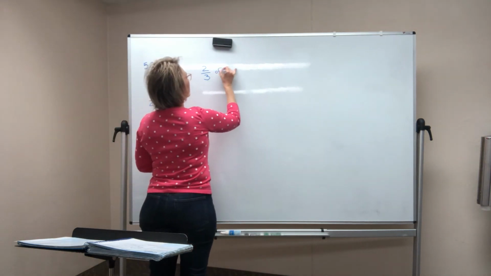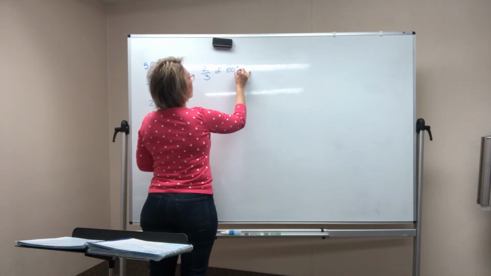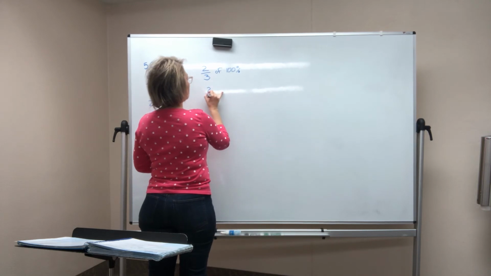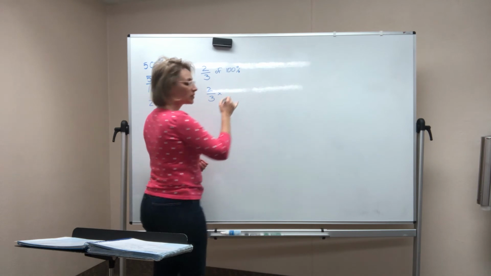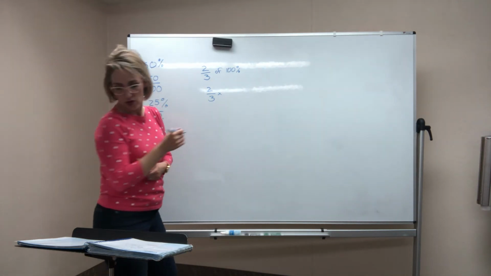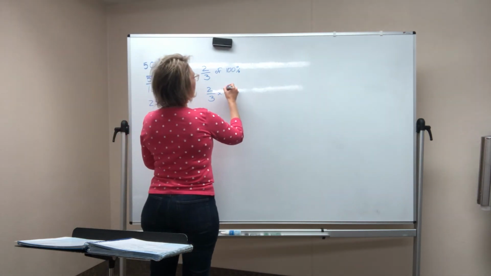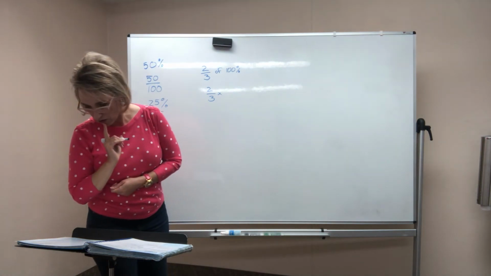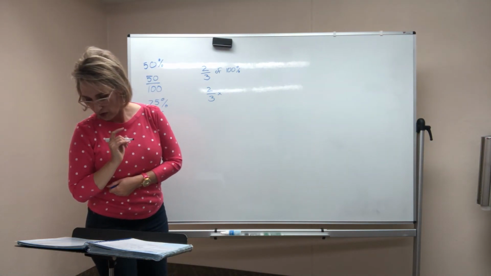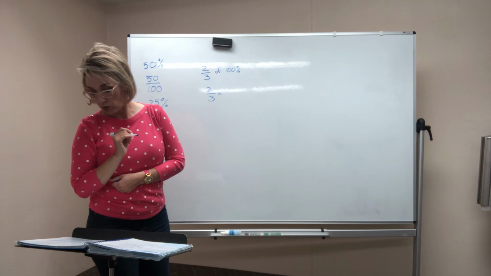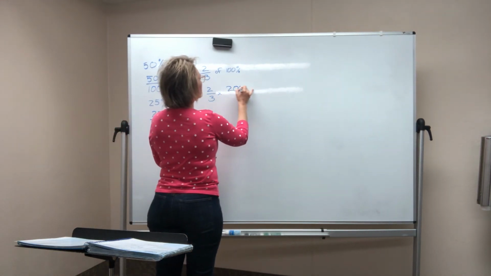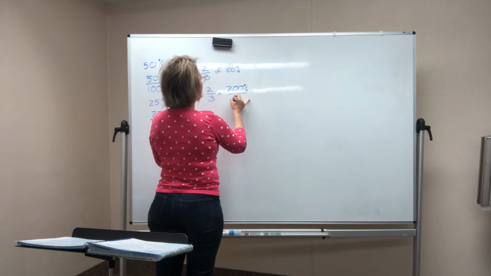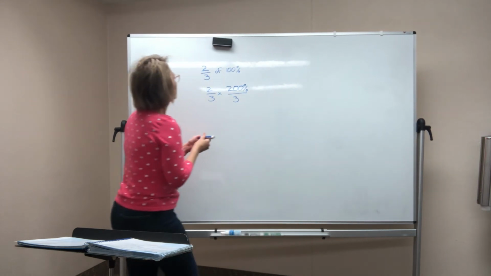2/3 of 100%. Well, of means times. So 2/3 times 100% would be, let me see, I had this figured out before. 2/3 times 100% is 200% divided by 3.